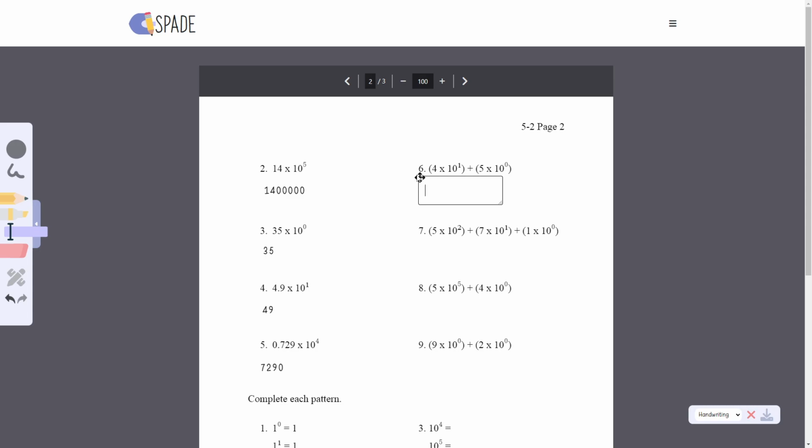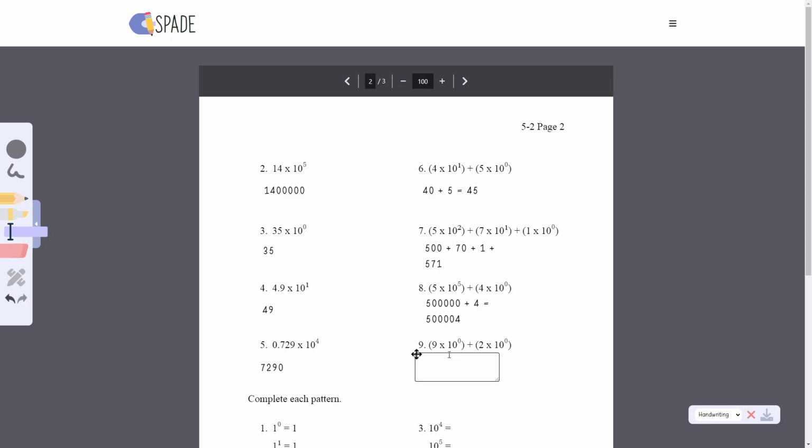6, you get 45 because 4 times 10 would be 40 plus 5 times 1, 5. The answer is 45. 7, 5 times 10 squared, 500, plus 7 times 10, 70, plus 1 times 1 is 571. 8, 5 times 10 to the fifth power, 500,000, plus 4 times 10 to the 0th power, 4, is equal to 500,004.